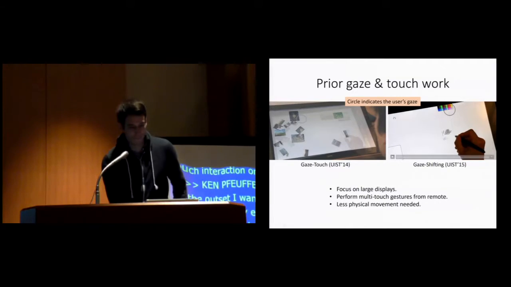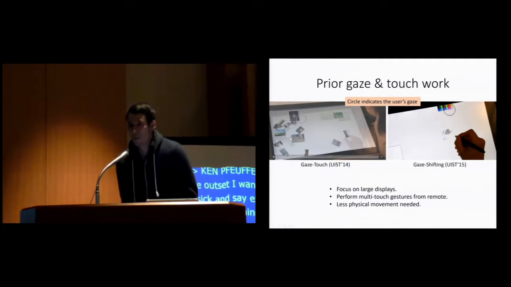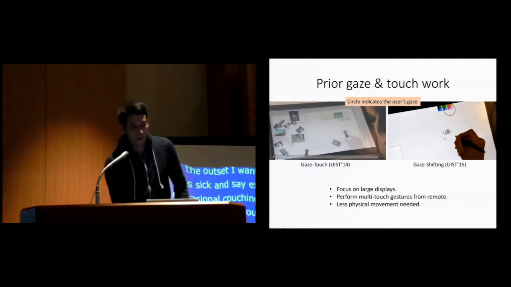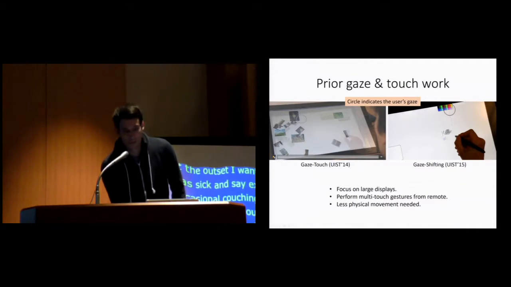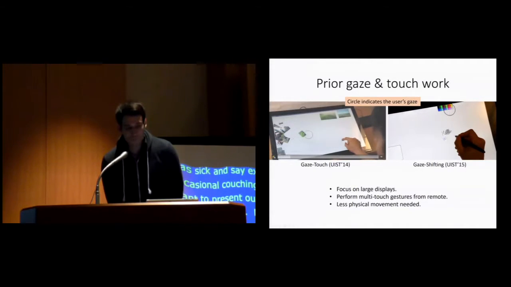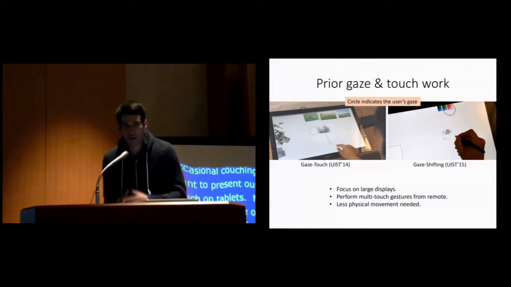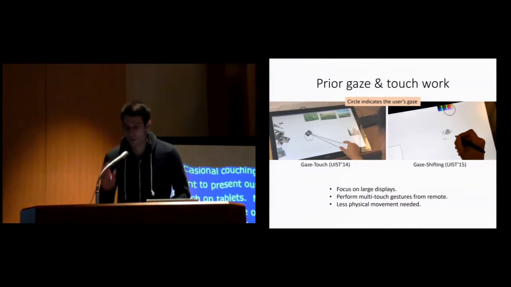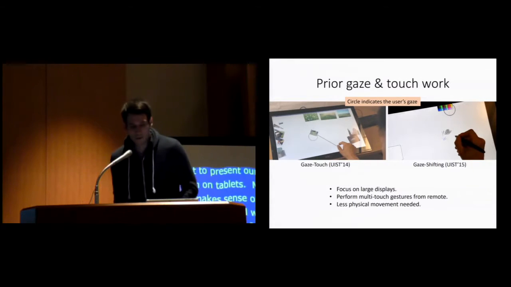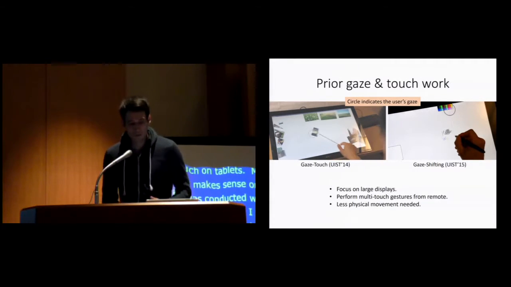Okay. So I want to start with prior work at UIST from the recent years. For example, our gaze and touch work here, where multi-touch gestures were essentially redirected to the image that the user was looking at, and this allowed to reduce a bit of the physical movement.